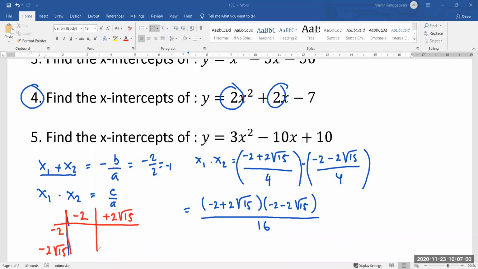Negative 2 times negative 2 is 4. This one is negative 4 square root of 15. This is 4 square root of 15. This is negative 4 times 15 equals negative 60.